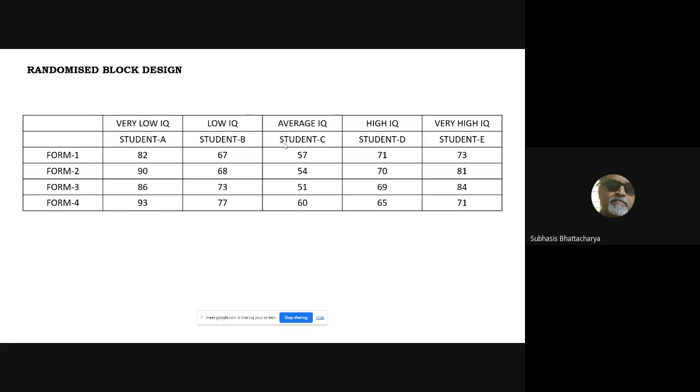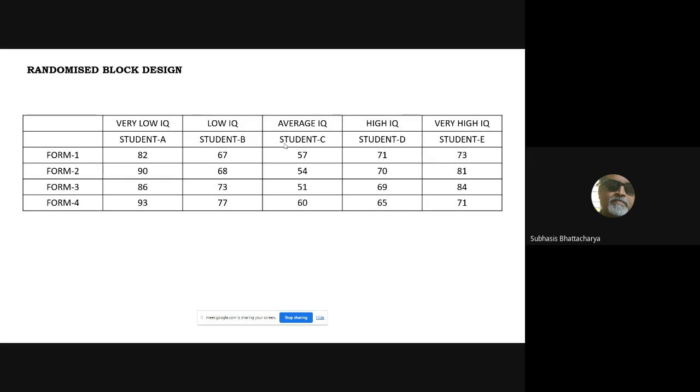Then we can consider the randomized block design, and the variable selected for grouping of the subjects is believed to relate to the measures of the dependent variable. The number of subjects in a block should represent some number of treatments, and each block should be randomly assigned the treatments.